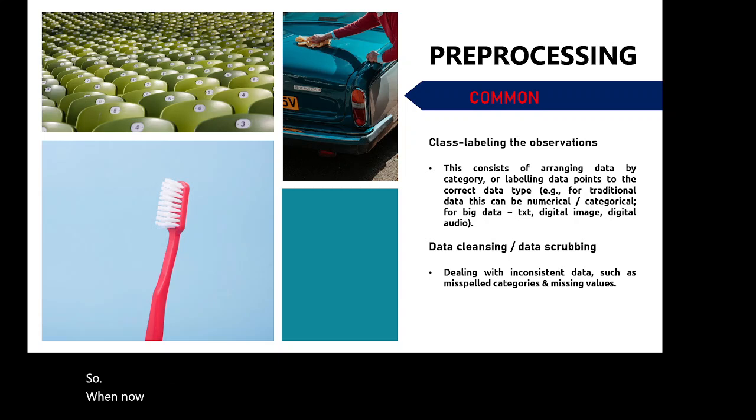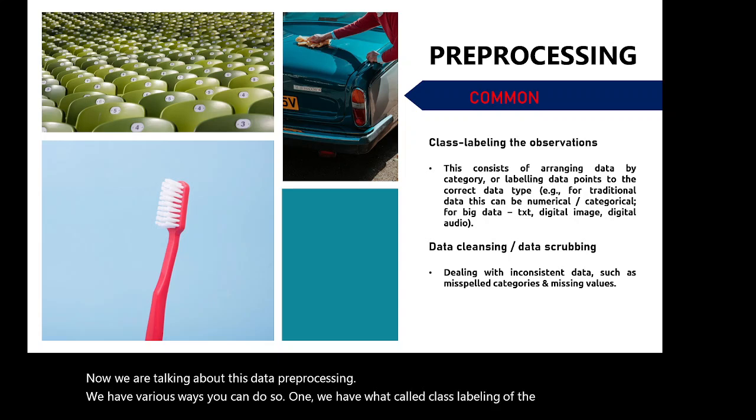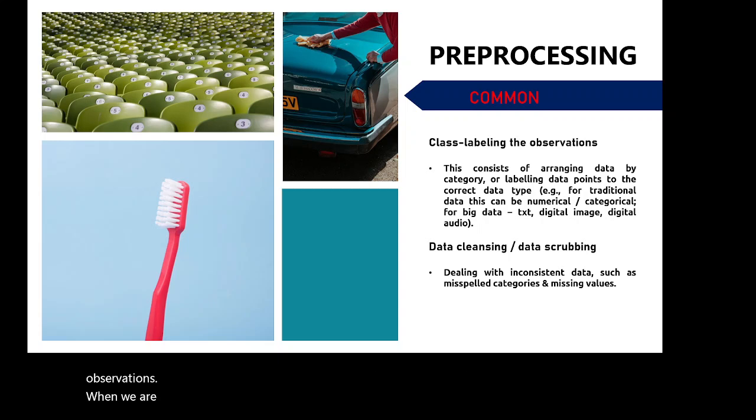When we are talking about data pre-processing, we have various ways you can do it. One is what we call class labeling of the observations. This consists of arranging your data by category, or labeling your data points to the correct data type. For instance, if you are talking about traditional data, you can put it as either numerical or categorical.